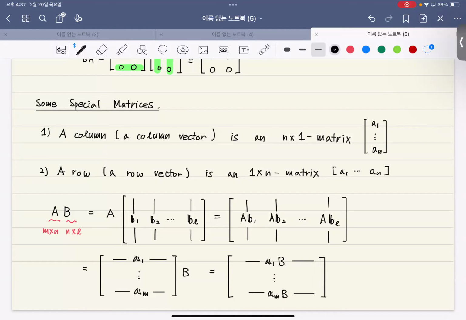So this is how we usually view matrix multiplication, as a bunch of row vectors.